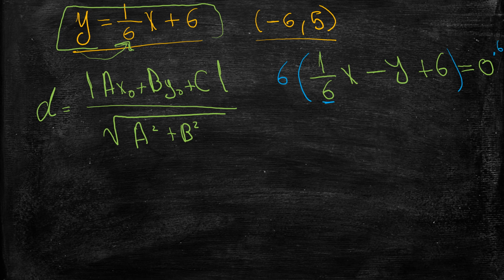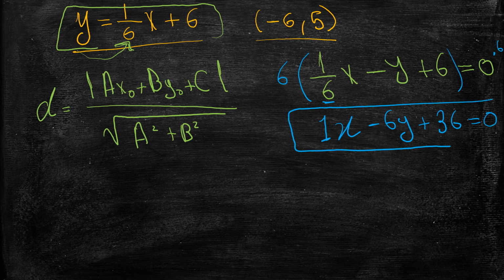You will get 1x, which is x, or you can write 1 if you wish. 6 times minus y is minus 6y. 6 times 6 is 36. 0 times 6 is 0. So that step is very important. The line should be written in standard form.